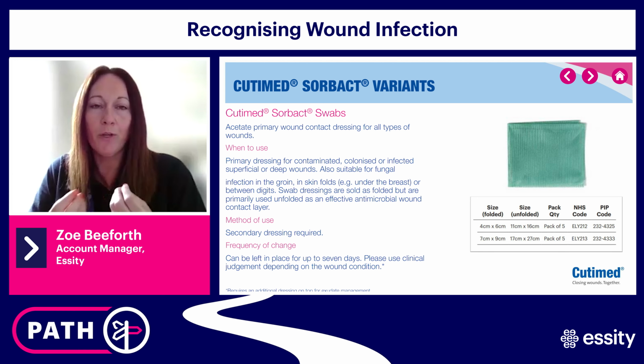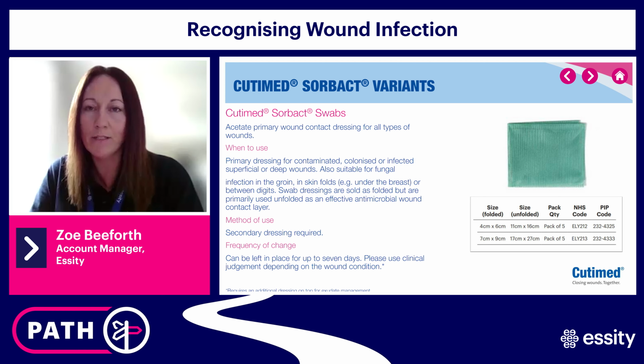Really key when you're opening your packets, because you'll note that these are folded sizes. When you take the dressing out of the packet, we do advocate making sure that you're putting a single contact layer as your primary dressing to your wound bed surface. So you will notice here there's some unfolded sizes to give you a gauge of what size would be most suitable for your patient.